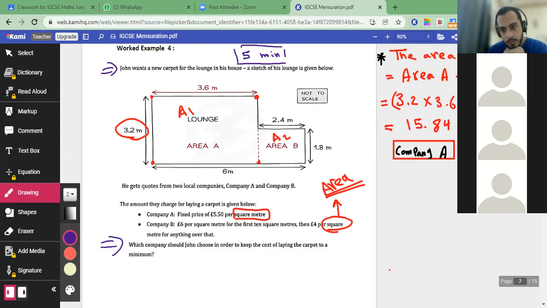I got 15.84 for the area. You multiply 5.50 euro by 15.84. How much do you get? 87.12. You are 87.12.